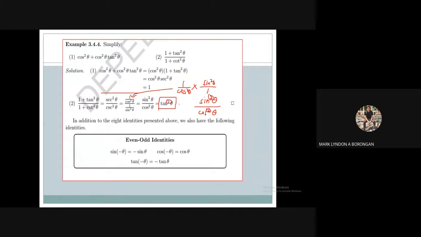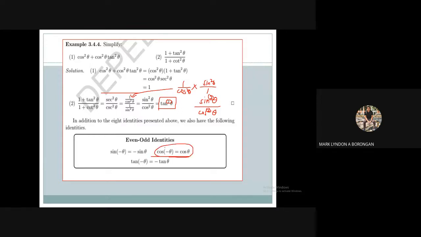So next are the even and odd identities. This will be if you have sine with a negative theta, its equivalent is equal to negative sine of theta. And then if we have cosine with a negative theta, its equivalent is just the cosine of theta.